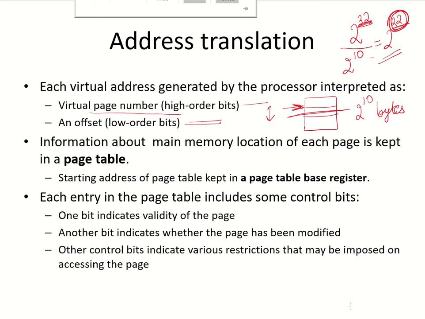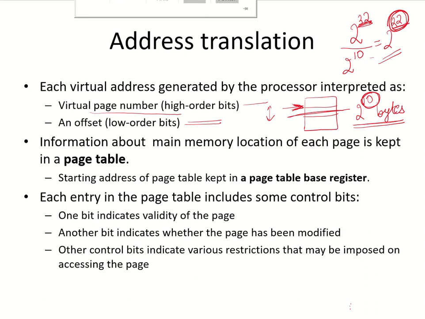And if there are 2 to the power of 10 bytes in a page, then obviously we will require only 10 bits to figure out the offset. So 10 bits would be required for the offset, 22 bits for the virtual page number. As you can see, 22 plus 10 is equal to 32, and that was the address that was generated by the processor.